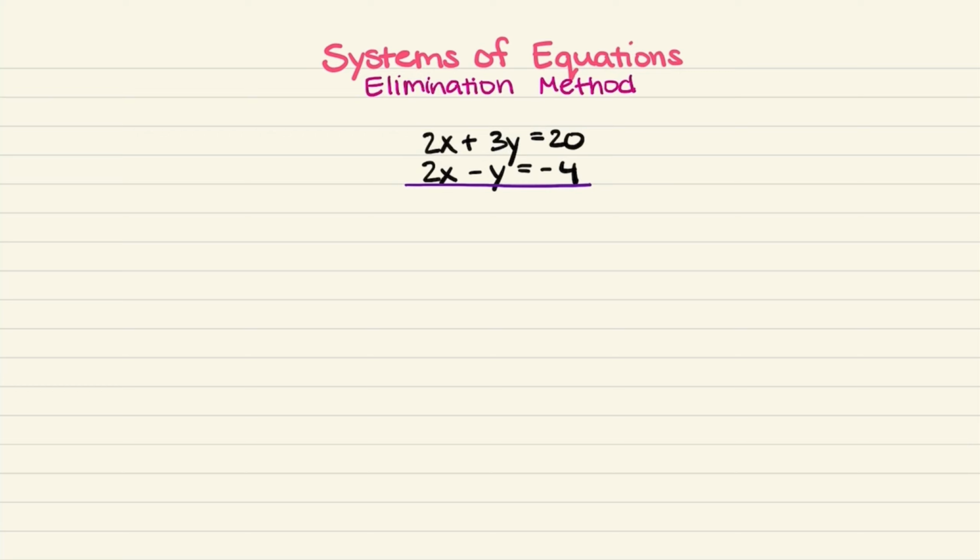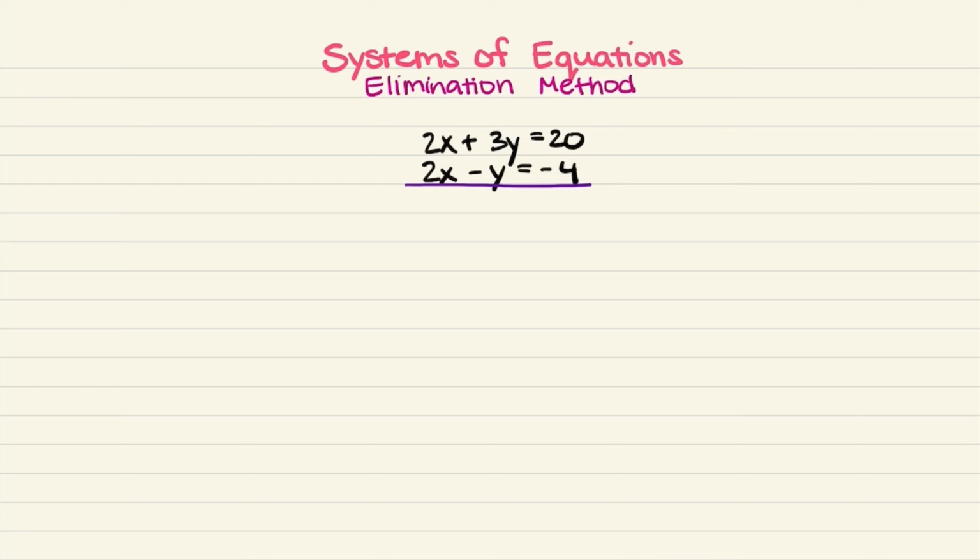Now we have to decide if adding the two equations together or subtracting will cancel out the x's. If we want to cancel out 2x and 2x, we're going to have to subtract one equation from the other. 2x minus 2x will cancel out. That means we have to subtract the entire equation, not just the variables we want to cancel out.